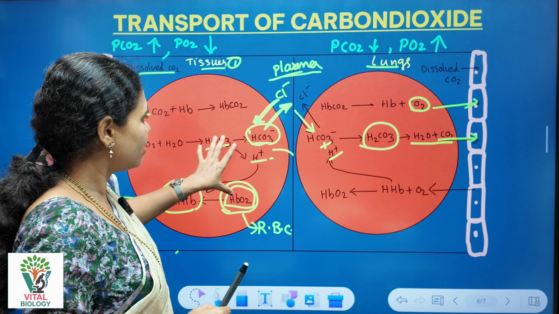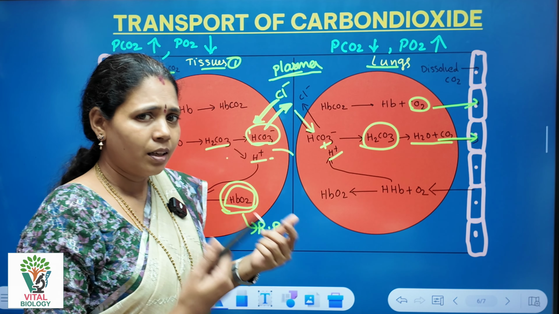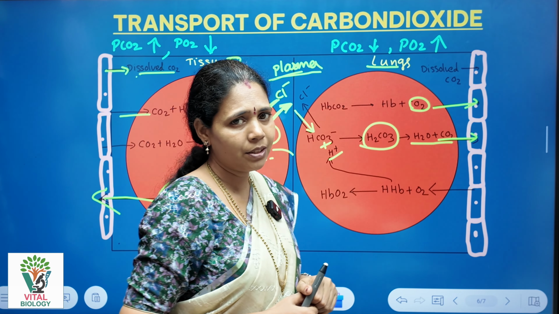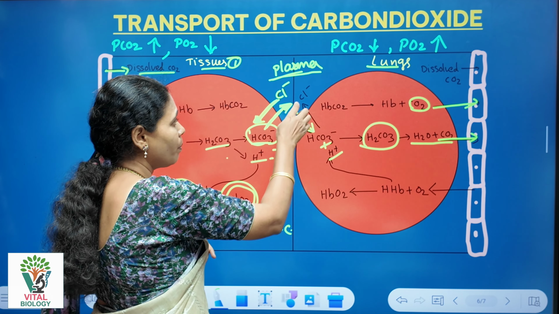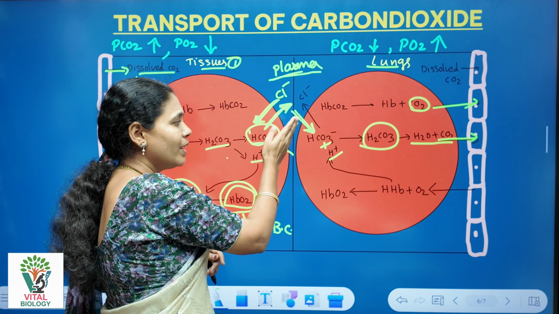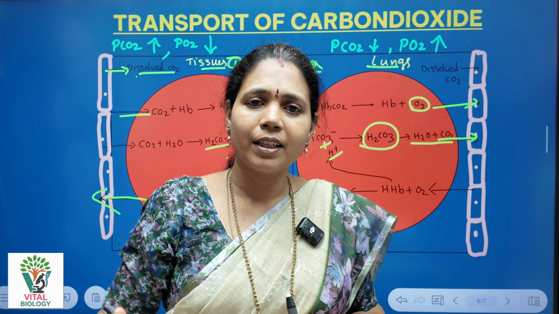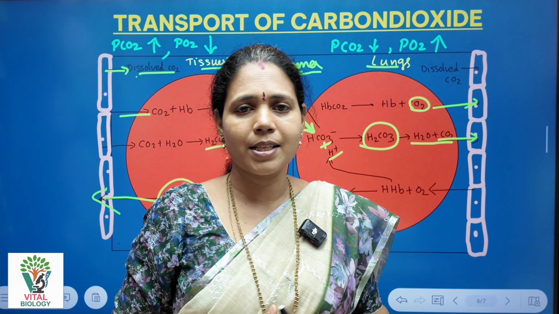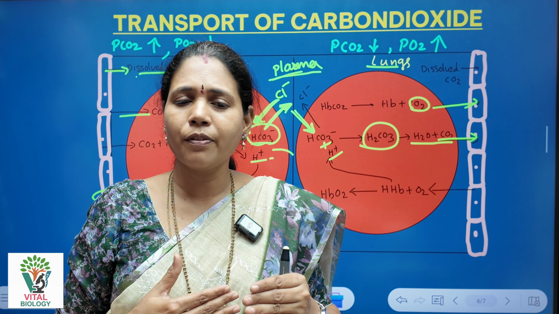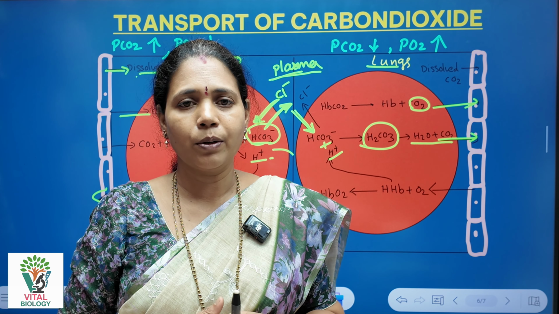This exchange occurs near the tissue level. Another exchange also occurs at the lungs level. Now the bicarbonate ions which moved outside will come back inside, and once these bicarbonate ions return to the RBC, the chlorides will return to the plasma. This is how the exchange of bicarbonate ions and chloride ions occurs.